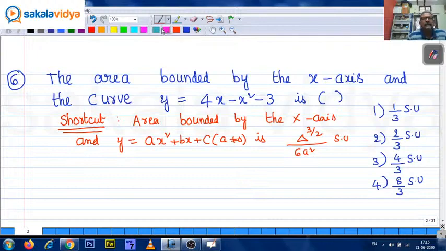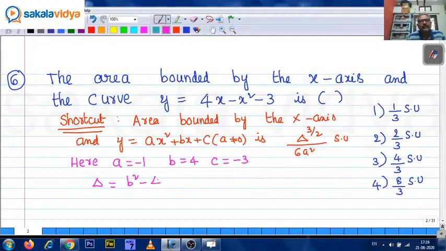So in this case, a is minus 1 because the x square coefficient is minus 1, b equals 4, the x coefficient, and the constant term c equals minus 3. First find delta. Delta is b square minus 4ac, that is 16 minus 12, that will be 4. Therefore, required area is 4 to the power of 3 by 2 upon 6a square, so 6 into 1.